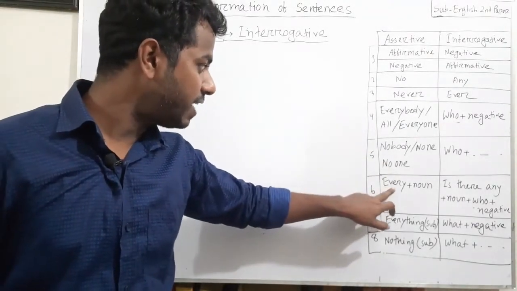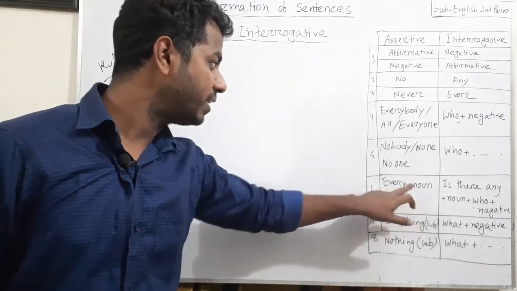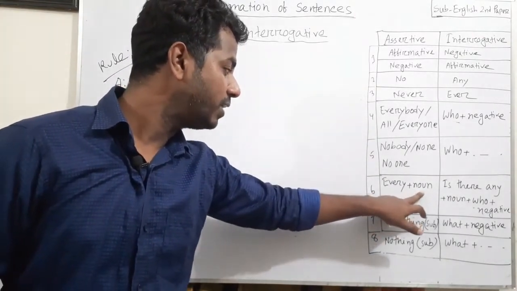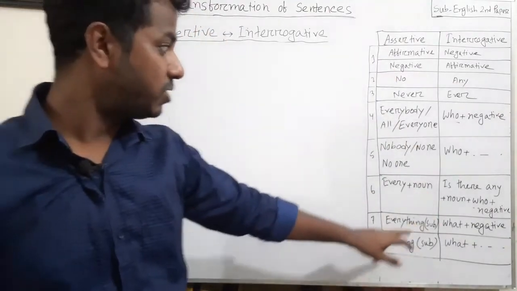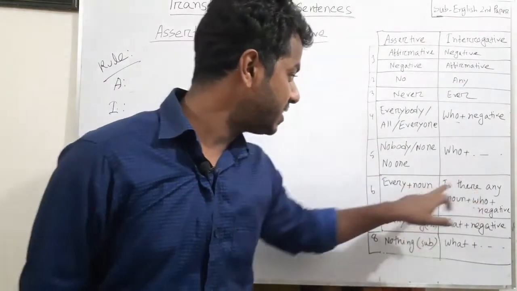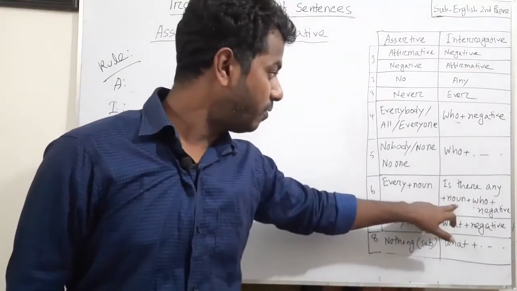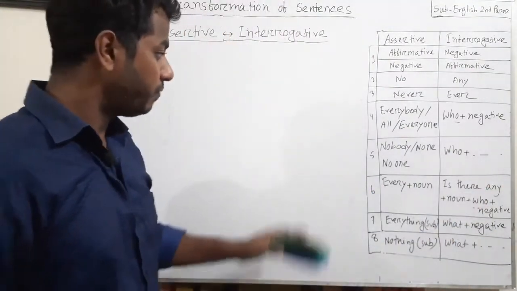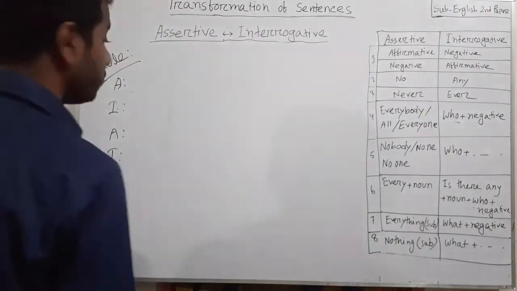If in an assertive sentence there is every and the next word is a noun, then in the interrogative sentence we have to use is there any instead of every, then the noun and who, and the sentence will be in negative form. Okay, if I give an example it will be clear to you.